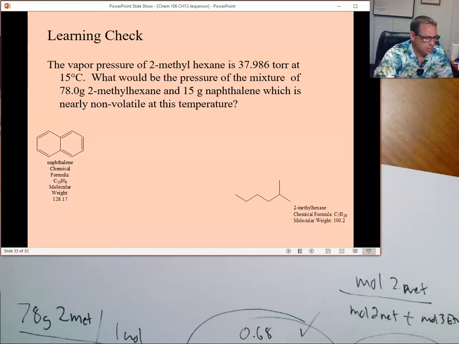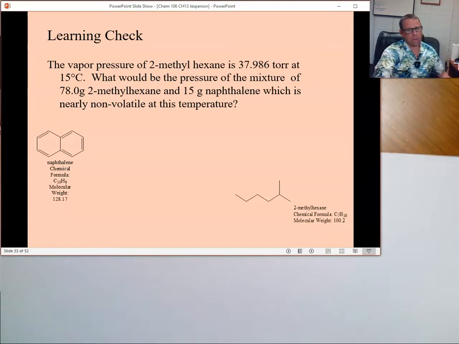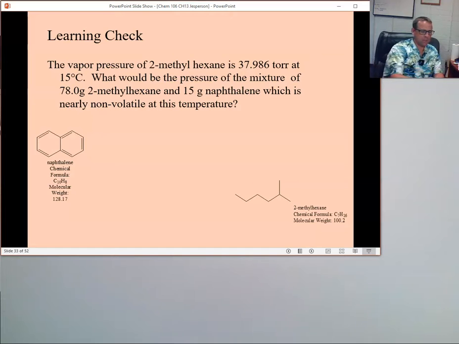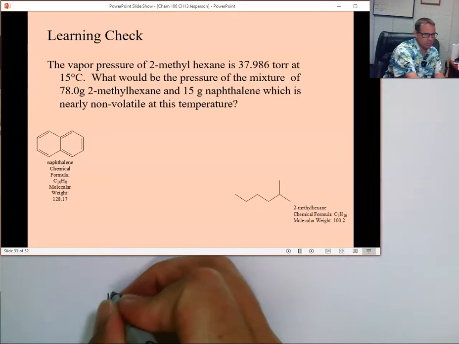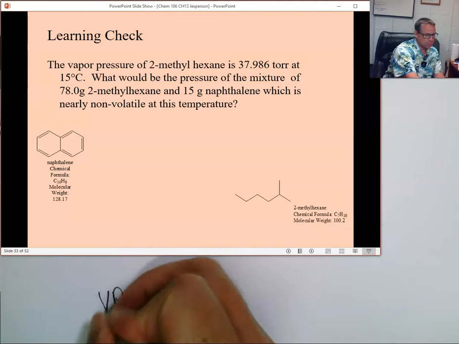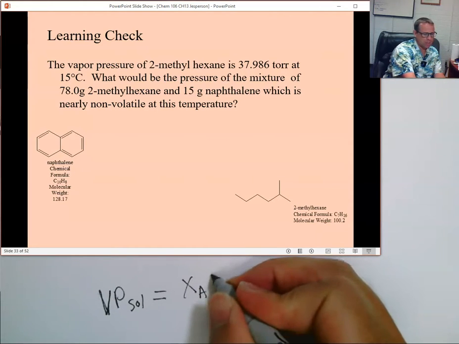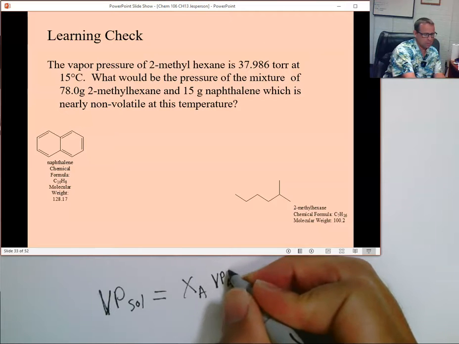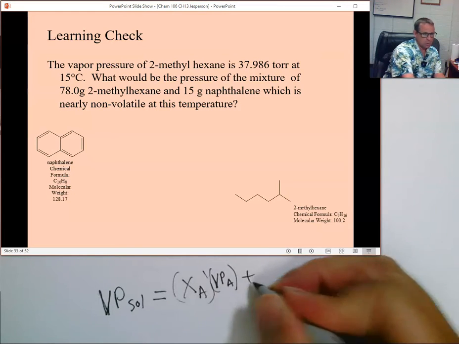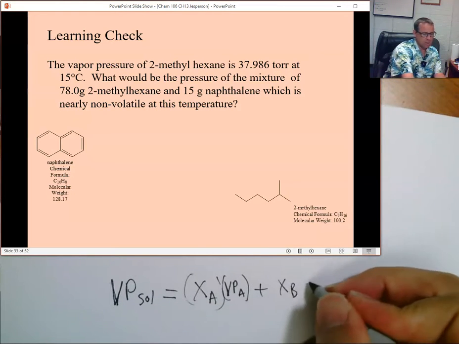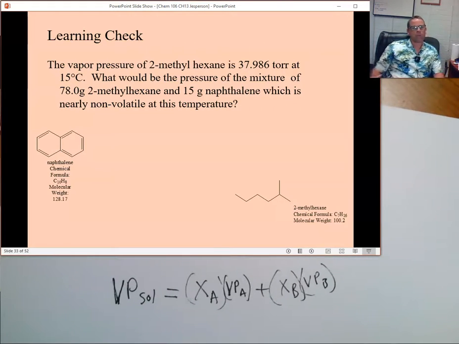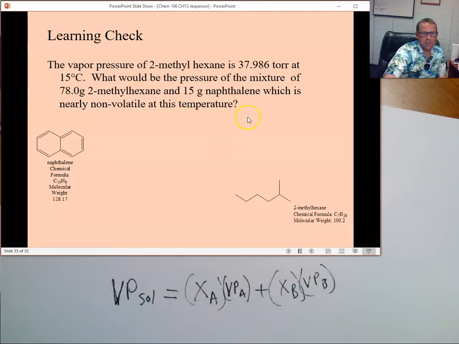All right, Taiwan. The last problem that we solved, ultimately, we said that the vapor pressure of the solution would be equal to the mole fraction of A times the vapor pressure of A, right, plus mole fraction of B times the vapor pressure of B. What if we use our 2-methylhexane as our A?